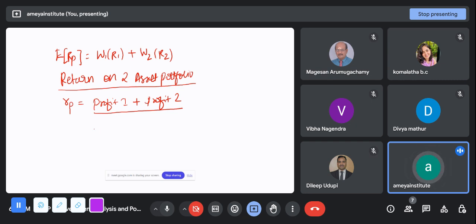We must have invested in the individual assets, so it is the investment in the first asset plus the investment in the second asset. This can also be the way of calculating your total portfolio return.